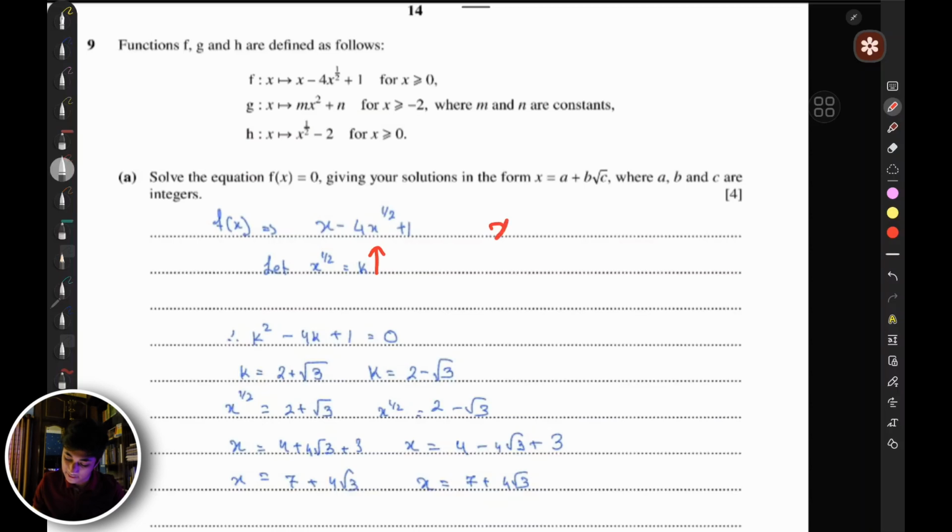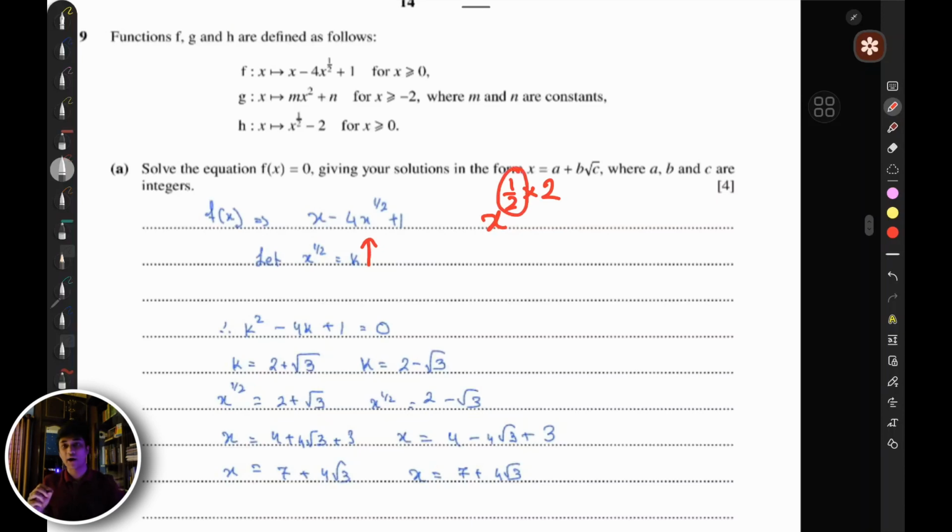So if I write x to the power half times 2, is it giving you a common power of half? Yes, it is. It's giving you a common power half. And you already have x to the power half. So why not express x as x to the power half times 2? And you already have x to the power half over here.